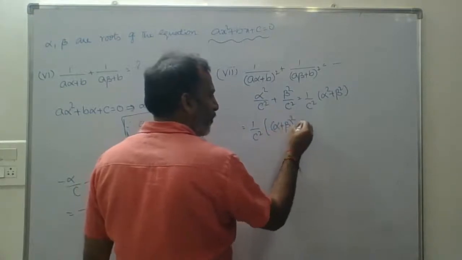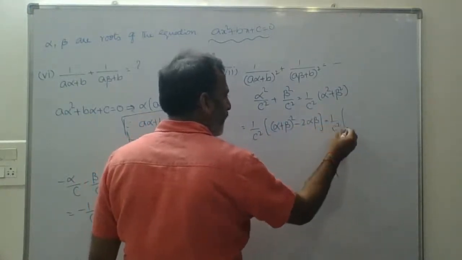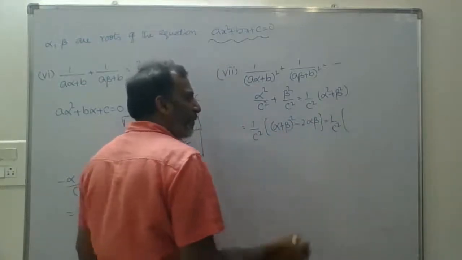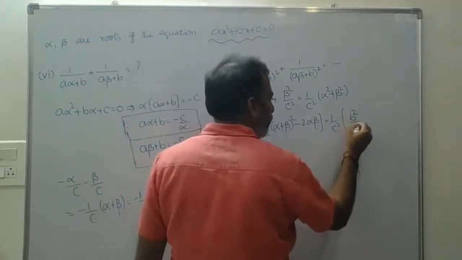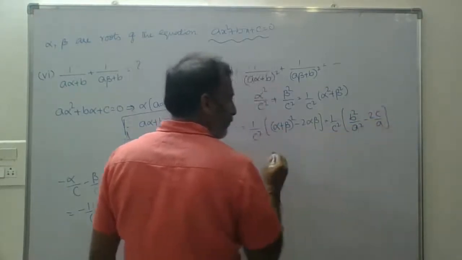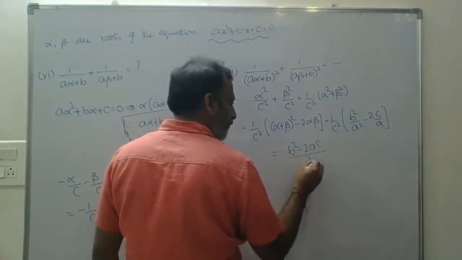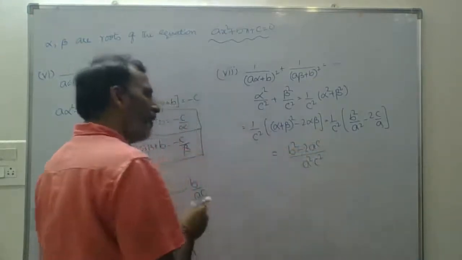Alpha plus beta whole square minus 2 alpha beta. 1 by c square into alpha plus beta, minus b by a, whole square, b square by a square minus 2c by a. So the answer is b square minus 2ac by a square c square.